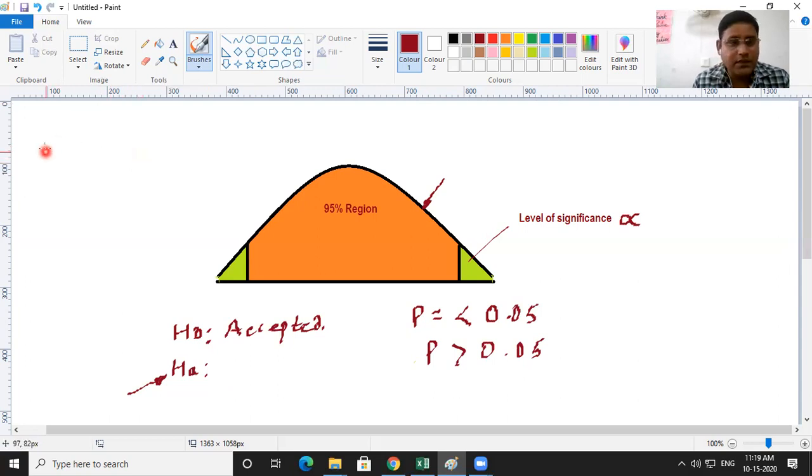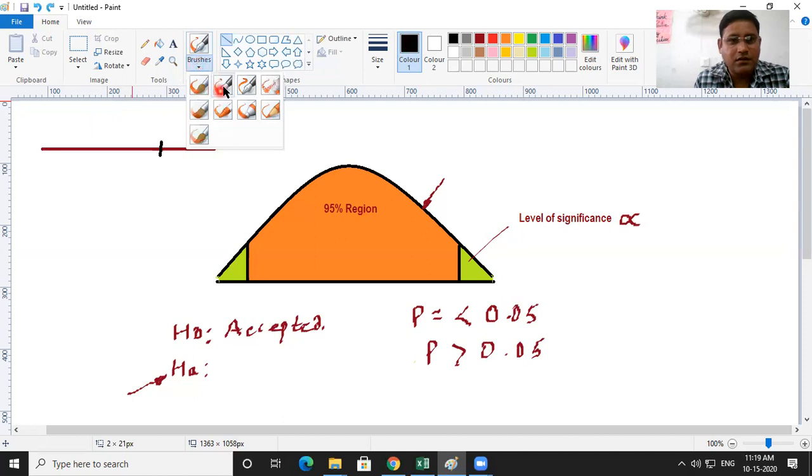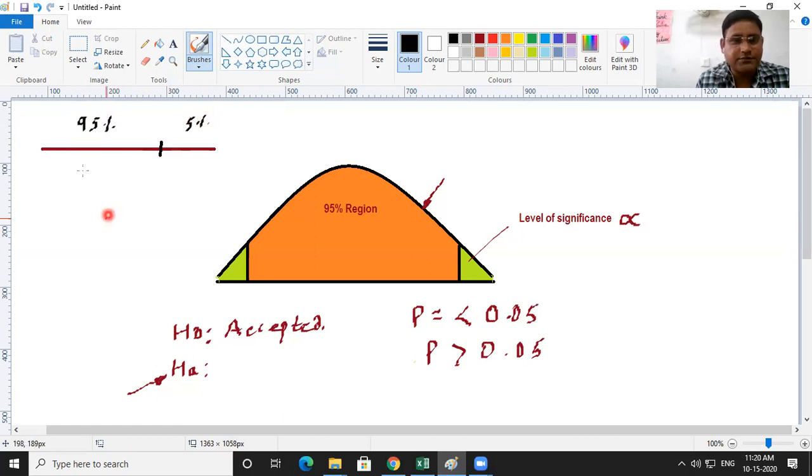If you remember this line diagram, now see, this is my line. Till here this is my 95% region, and this is my 5% region. So this is my level of confidence and this is my level of significance.